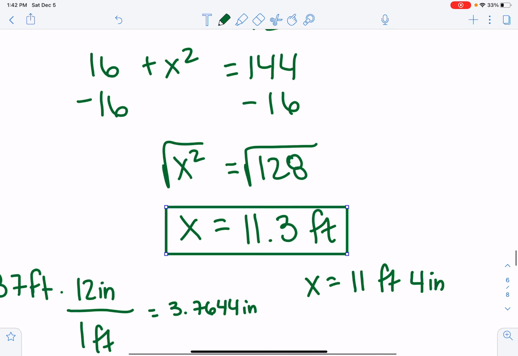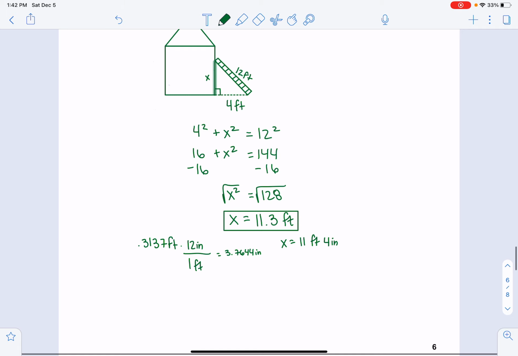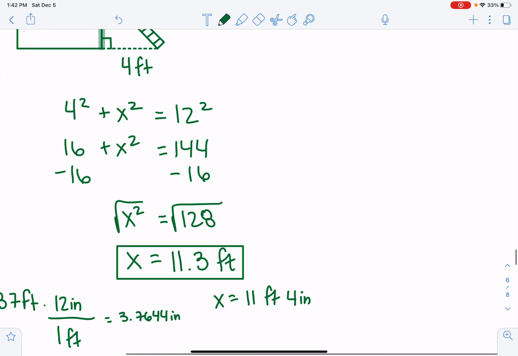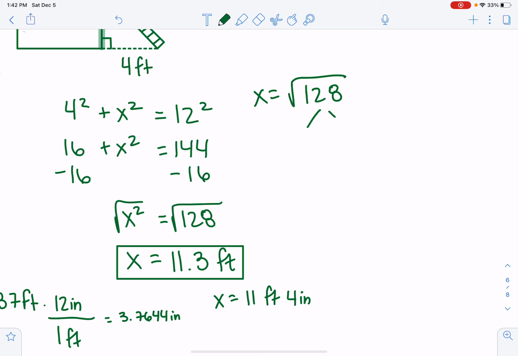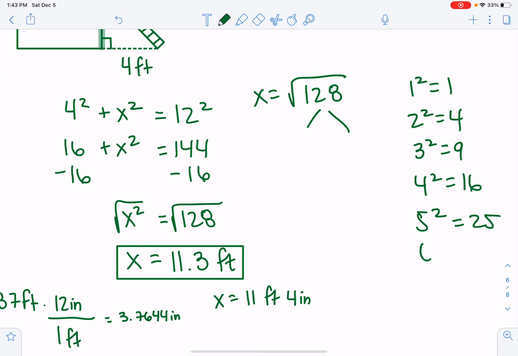If you want to use the ACT method, instead of doing 11.3 feet, they will take the square root of 128, which was our answer for x, and they're going to break it down. So again, 1 squared is 1, 2 squared is 4, 3 squared is 9, 4 squared is 16, 5 squared is 25, 6 squared is 36, and we could keep going.